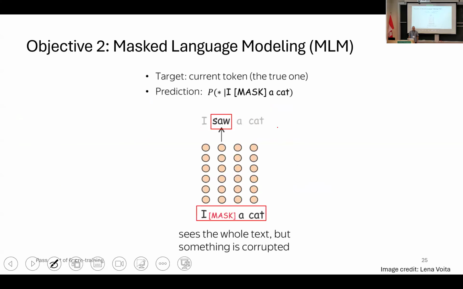All right, so now objective number 2 was about masked language modeling, or so-called MLM. With masked language modeling, you can see that the word that was masked in the original input is processed, right?